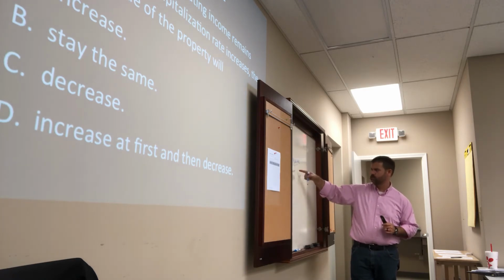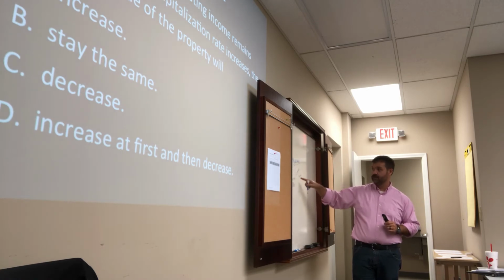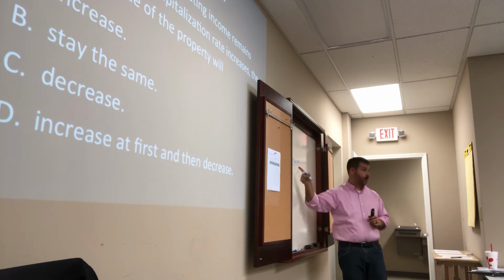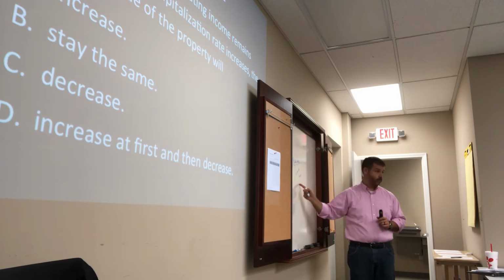That should be $1 million, if I'm correct, right? Yes. So this means if I have a property that makes $100,000 NOI, and I expect a 10% cap rate, I would pay $1 million for it.